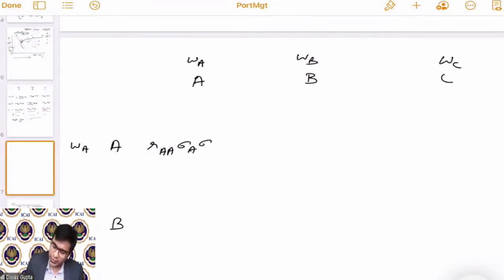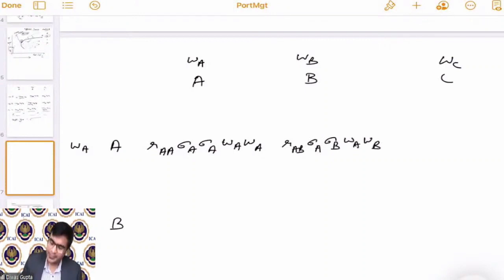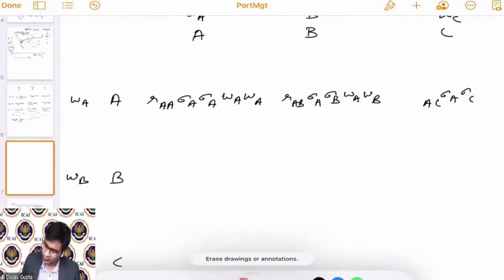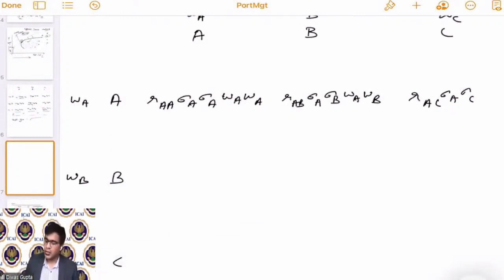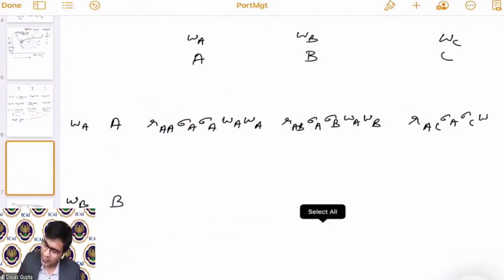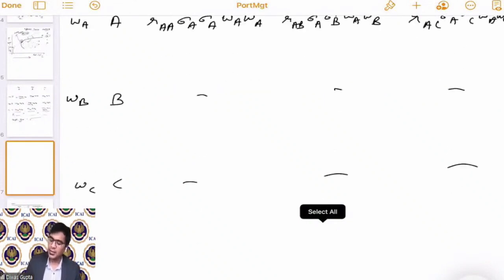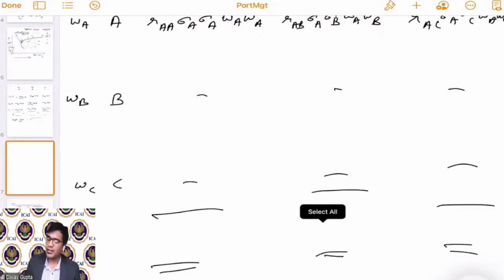Standard deviation of A, standard deviation of A, both for rows and columns, and weight of A, weight of A. This is the first, for A to A. Now A to B is RAB, standard deviation of A, standard deviation of B, weight A and weight B. Simply here will be RAC, correlation coefficient between A and C, standard deviation of A, standard deviation of C, and weight of A, weight of C. Okay, similarly we can write the other notations and take the summation, doing the horizontal and vertical summation both to arrive at the portfolio variance.